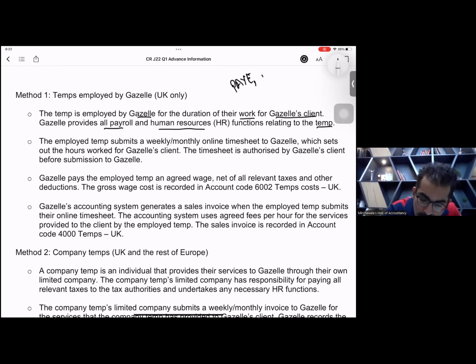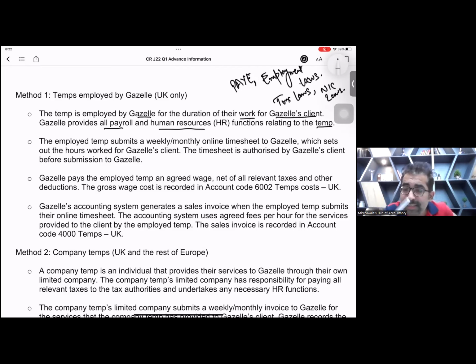Gazelle needs to know all employment laws, because in the UK the laws are very different. Tax laws, NIC laws, okay? So for all these things Gazelle is responsible. So the auditor needs to verify that all these things, pay, NICs, and the rates of pay, are calculated correctly or not.